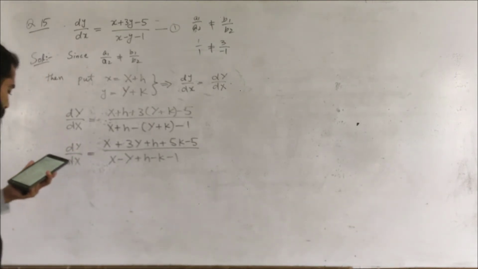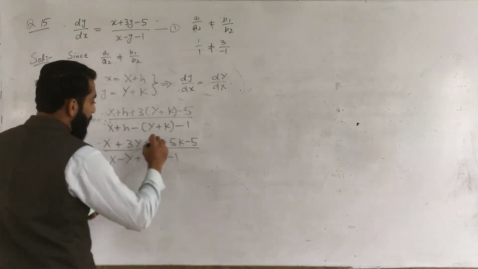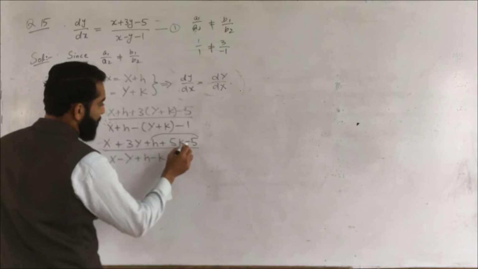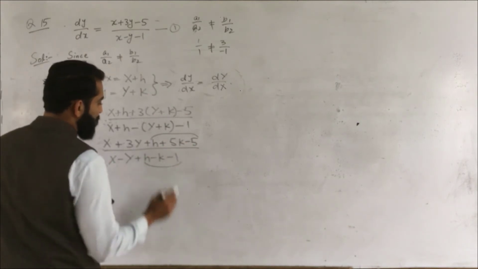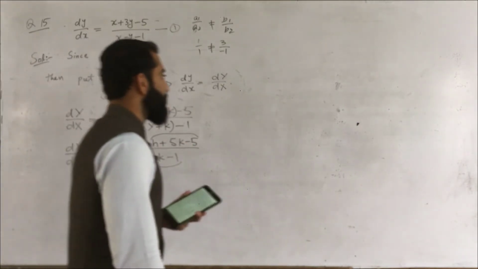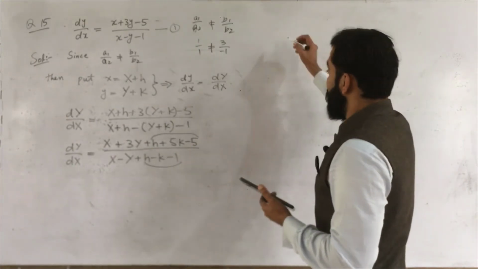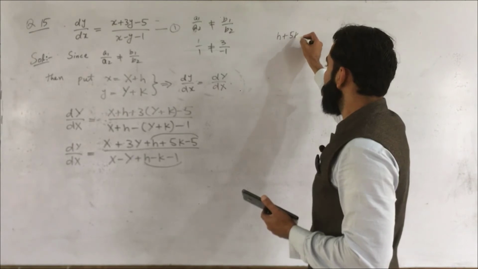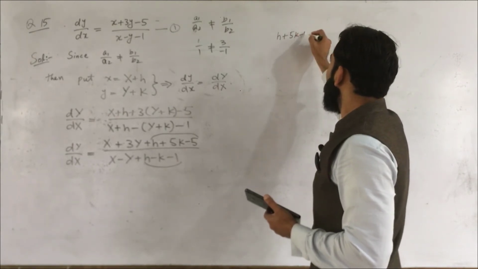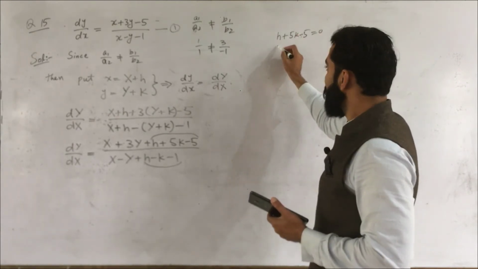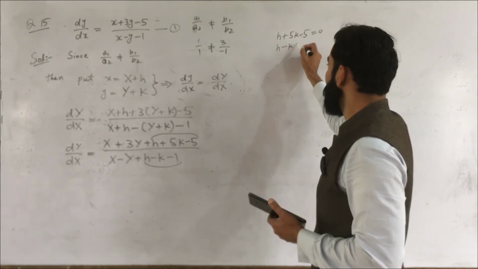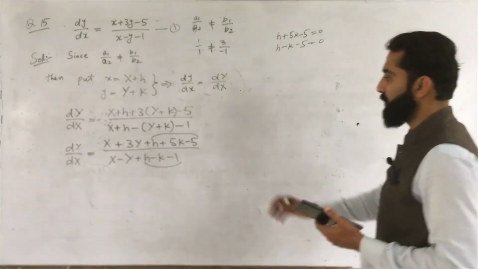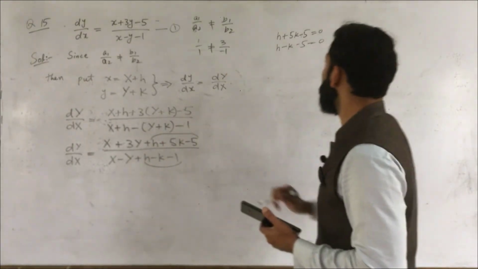In this equation, the factors h plus 5k minus 5 and h minus k minus 1 form a system of linear equations. Put them equal to 0 and find the values of h and k for which these two factors are 0.